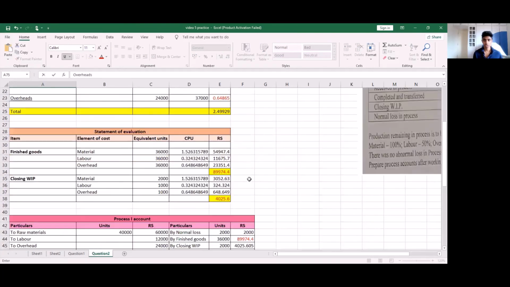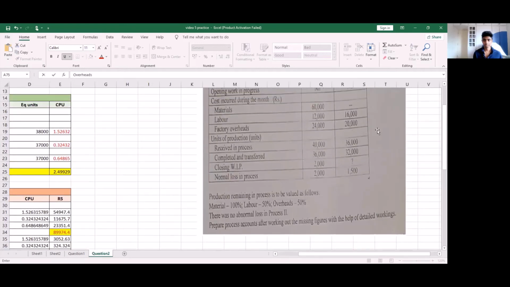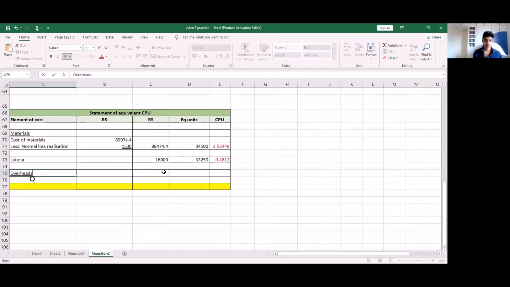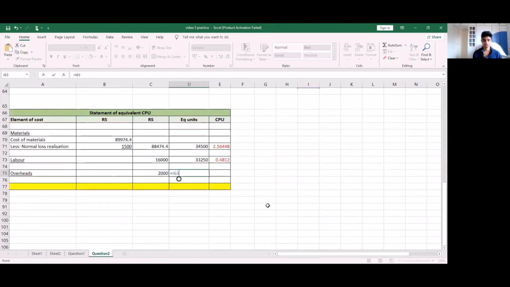Our overheads cost is 20,000. So we will write 20,000 as the cost. Equivalent units from our statement of equivalent production is 33,250. And we will find our cost per unit. The cost per unit turns out to be 0.06015.